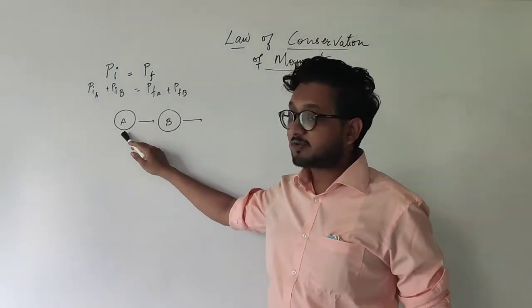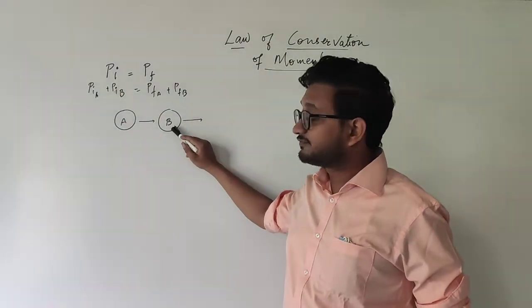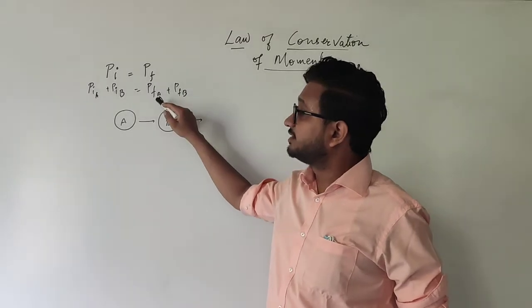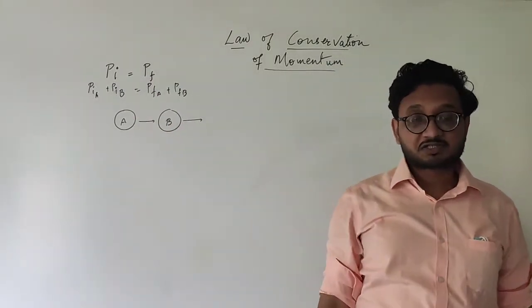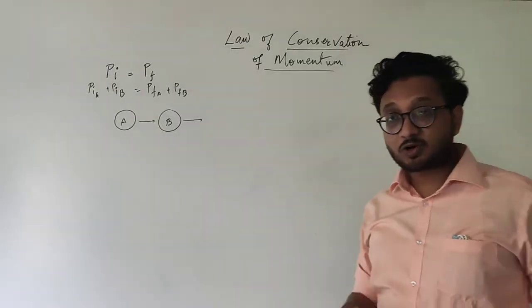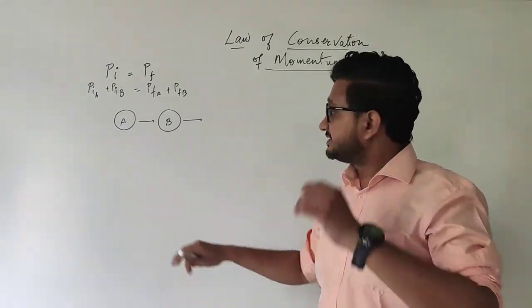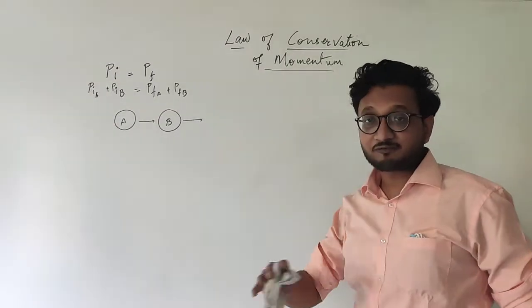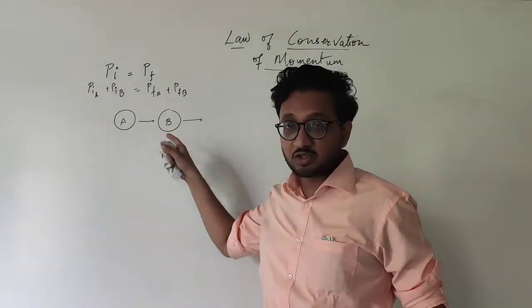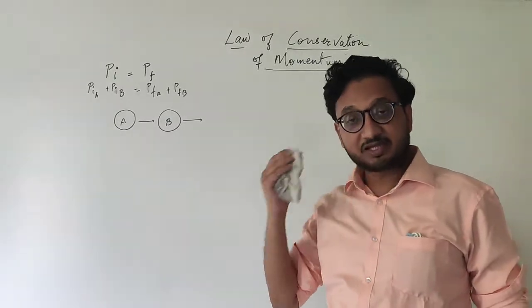And the final momentum of this object and the final momentum of this object, when we combine them, once again we get the total final momentum, which is equal to the initial momentum. So if there is no external force acting on it and these two alone are interacting with each other, that means the total momentum of the system, not just individual, the total momentum of the system remains constant.